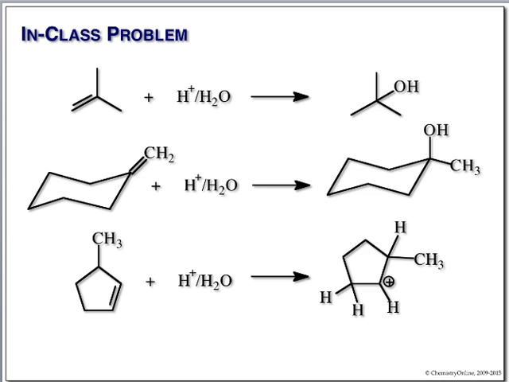Hydrogen with its electrons simply slides over to give us the most stable carbocation. Called a 1-2 hydride shift. Once we have the most stable carbocation, all we have to do is add hydroxide to that point, and we get our final product.